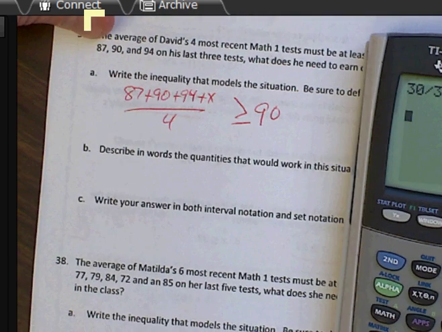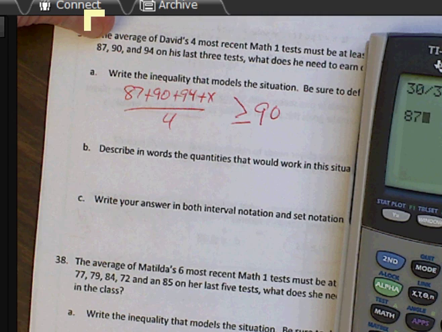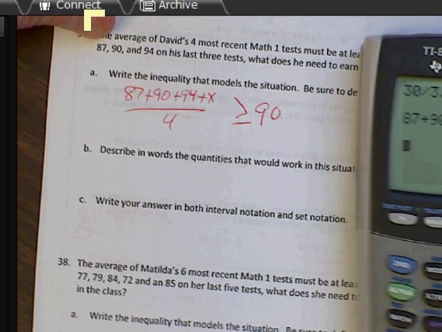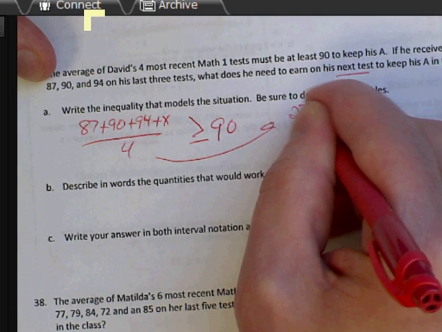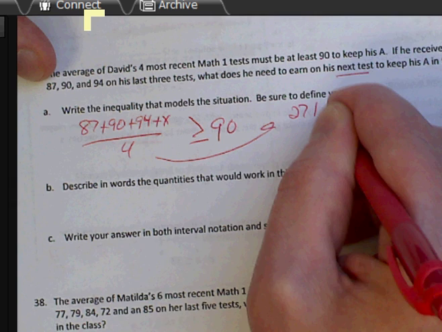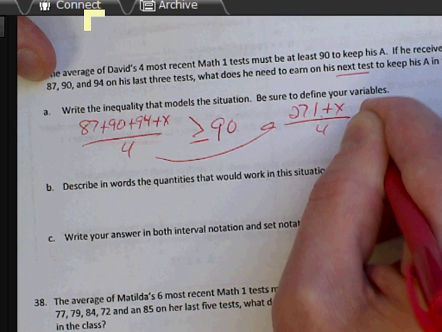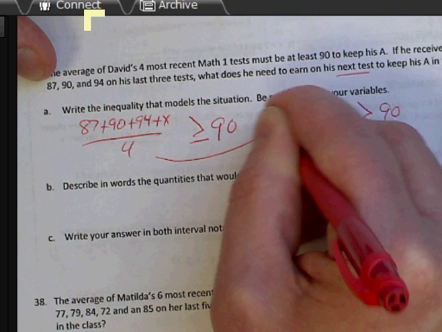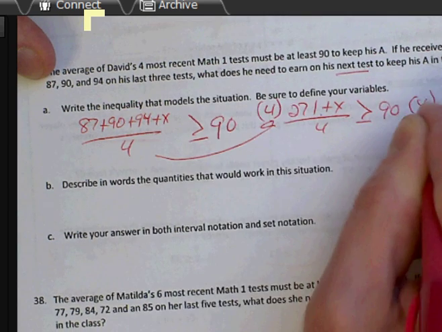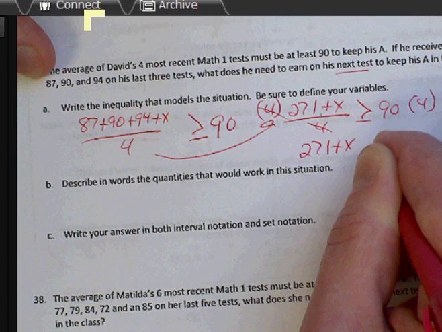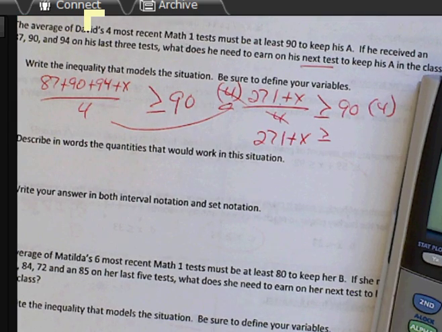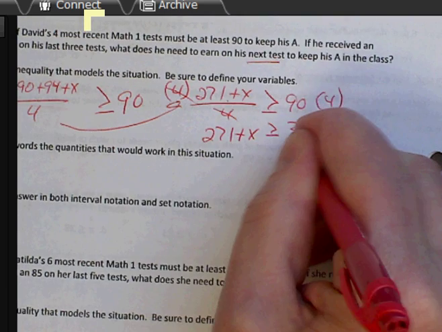So I'm going to add all these up. 87 plus 90 plus 94 equals 271. I'm going to write this over here. So 271 plus X over 4 greater than or equal to 90. I'm going to multiply by 4 on both sides to cancel this. 271 plus X greater than or equal to 90 times 4, 360.